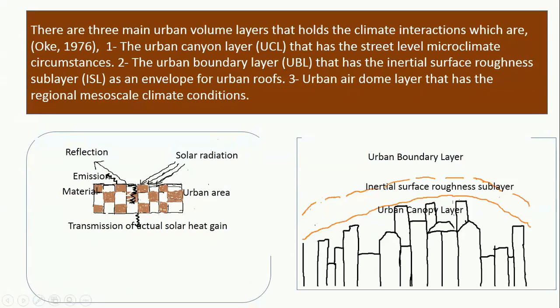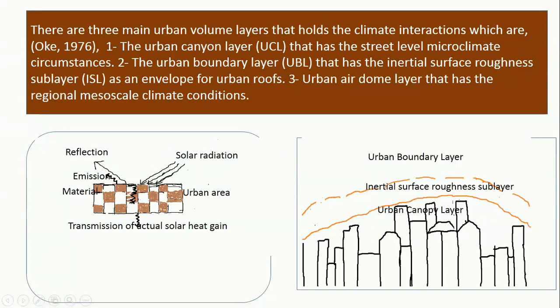You see on the left, it is just a sketch of urban areas, and the solar radiation is reflected on the urban buildings or pavements, and these materials absorb the solar radiation, and it is transmitted through them.